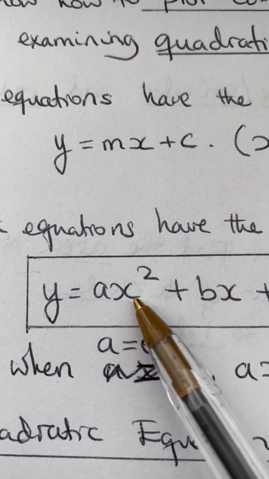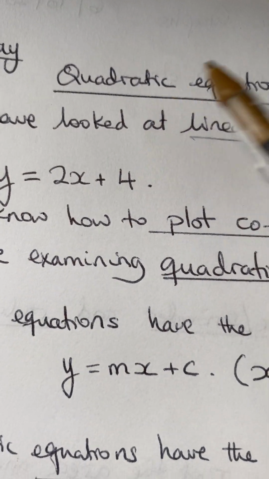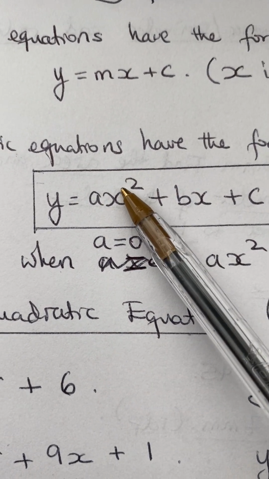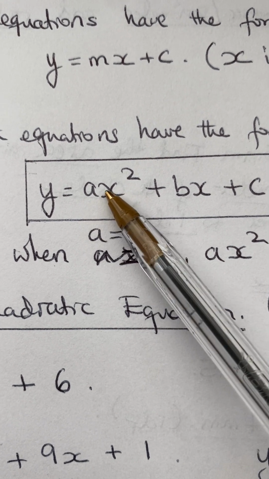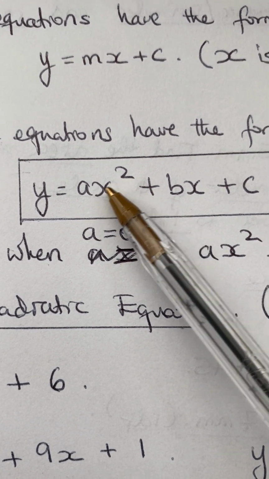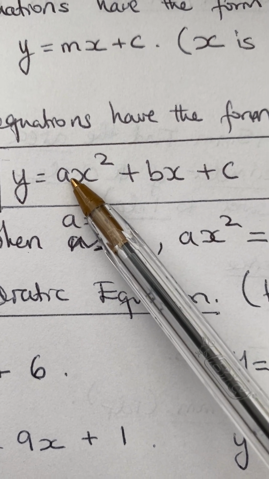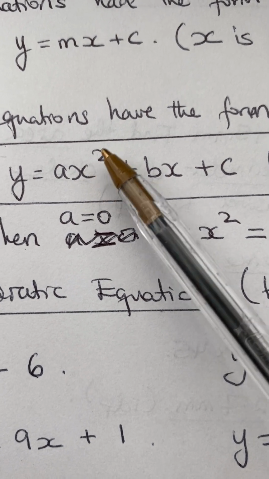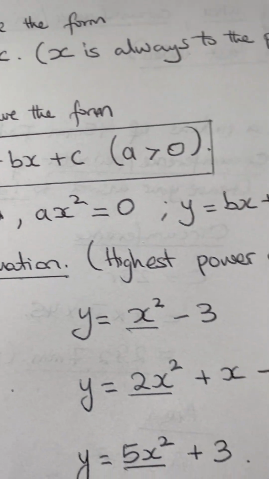So for a quadratic graph, a is never equal to 0. A can be negative, a can be 1, so you can have minus x squared or a plus x squared. The highest power of x should be 2 for a quadratic graph.